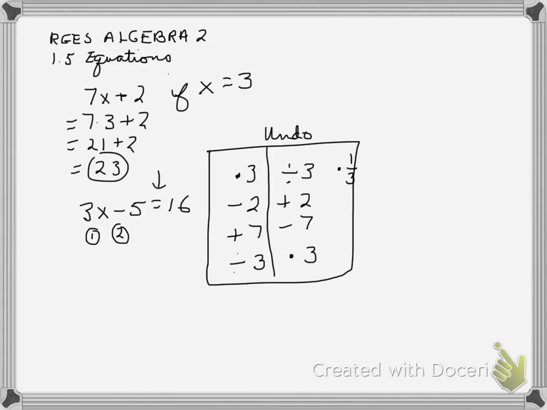In the order of operations, I would first multiply, and then subtract. So when I'm undoing, I undo the subtraction first, and then undo the multiplication. That should be a review from Algebra 1. So let's see if we can do this problem.